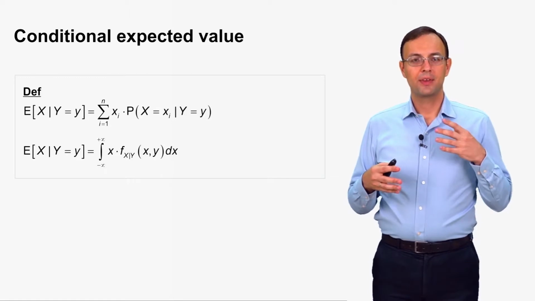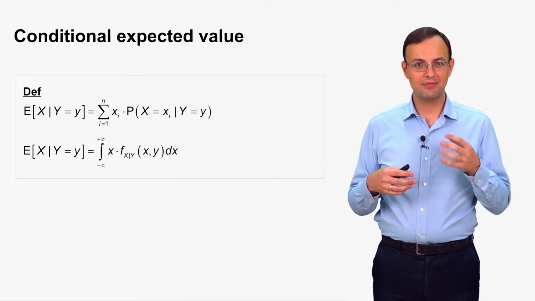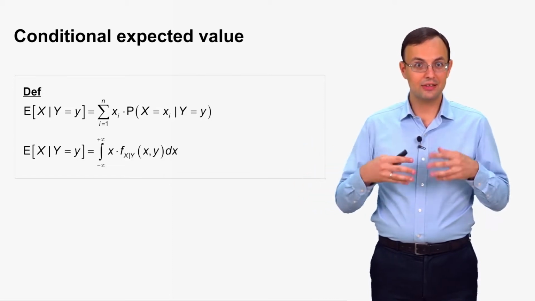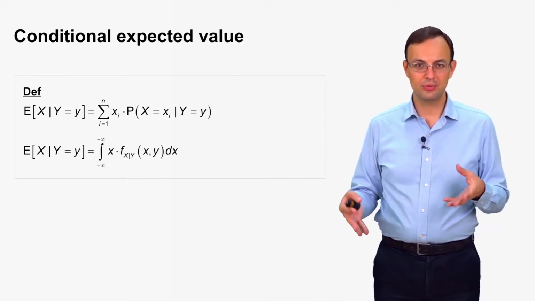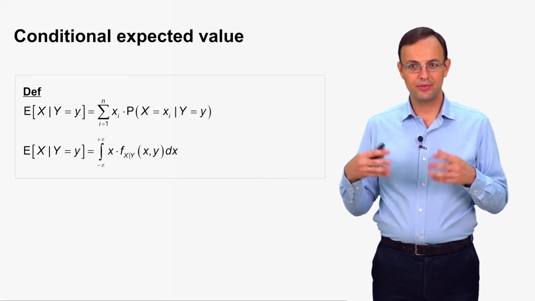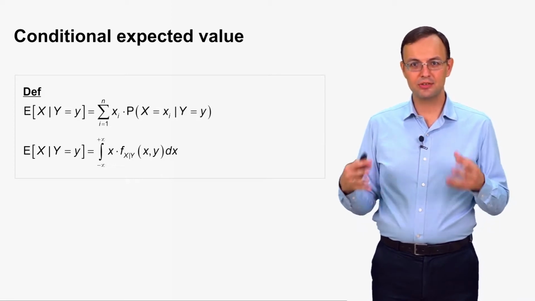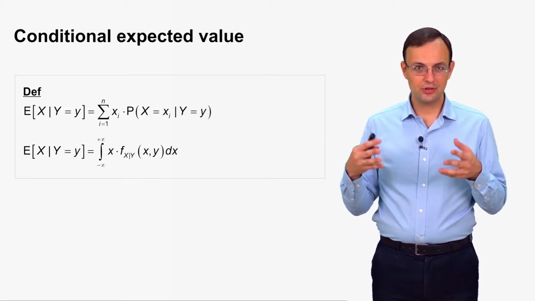And so to find the conditional expected value of x given y, we need to know the conditional distribution. In the discrete case, we need to know the conditional PMF, these conditional probabilities. And in the continuous case, we need to know the conditional PDF.